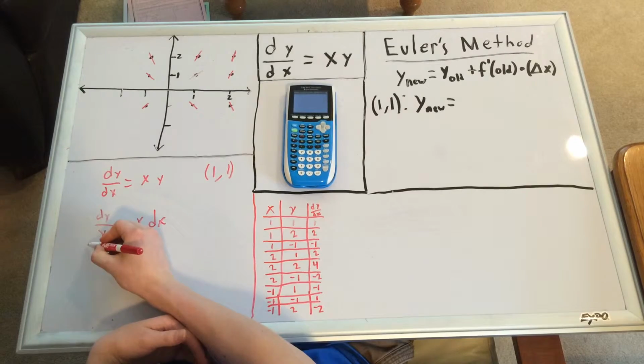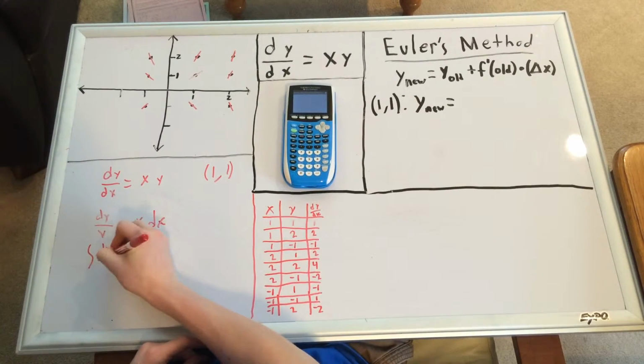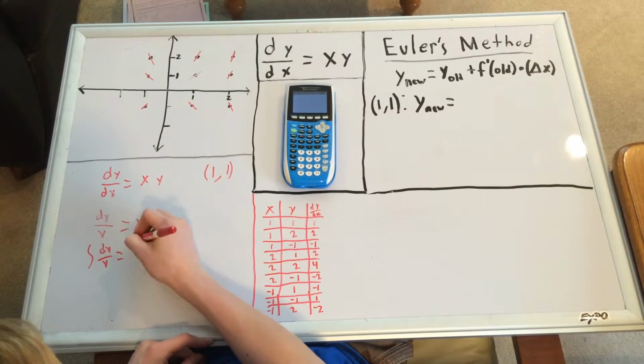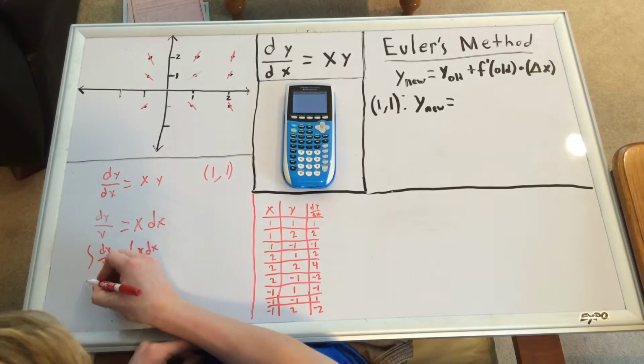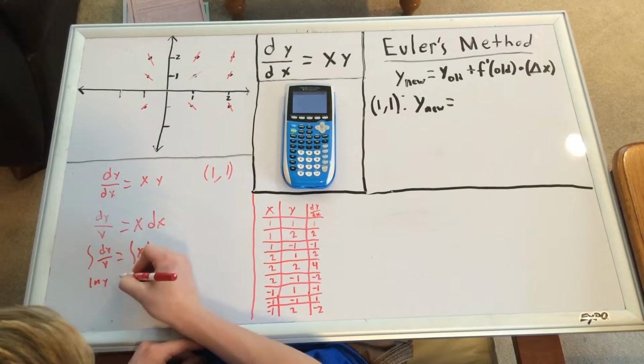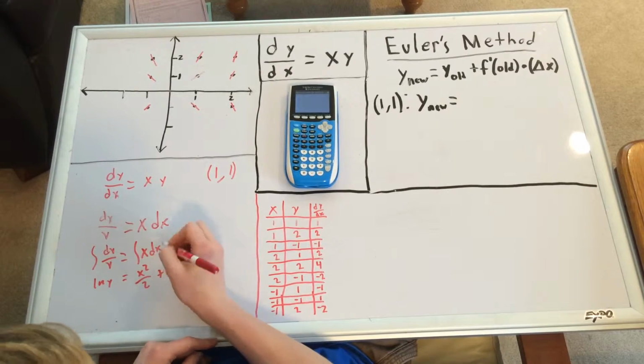Then we will integrate both sides, so getting the integral of dy over y equaling the integral of x dx. We will take the integrals and we get ln of y equals x squared over 2 plus c.